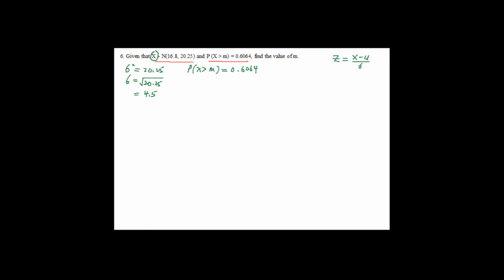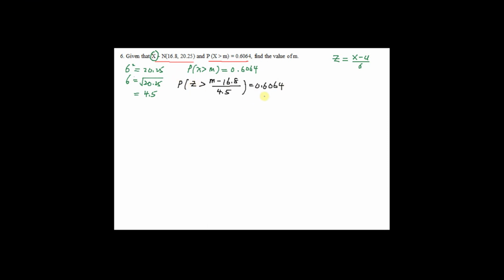So now convert to Z score, we have probability Z more than M minus the mean 16.8, over the standard deviation, which is 4.5, equals 0.6064. So now we already converted to the Z score.